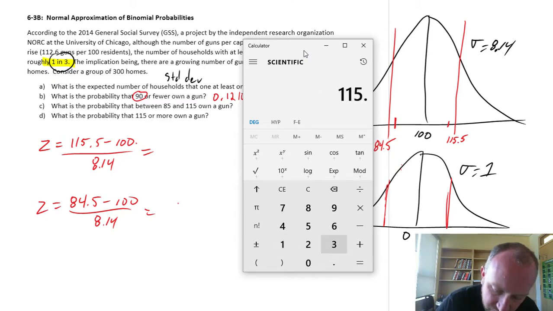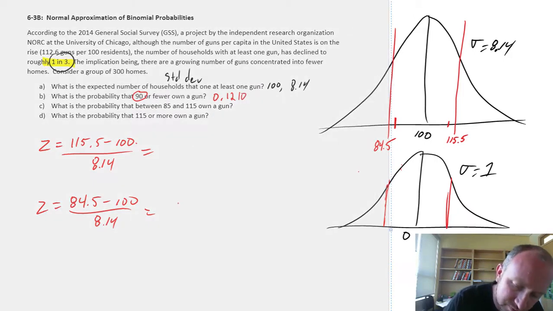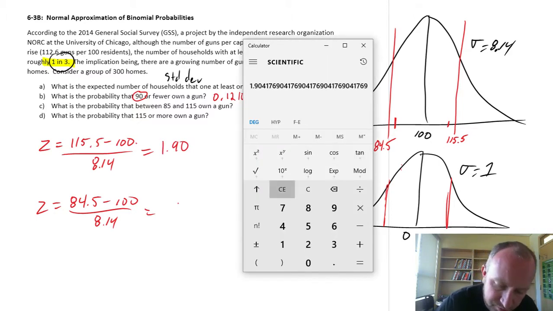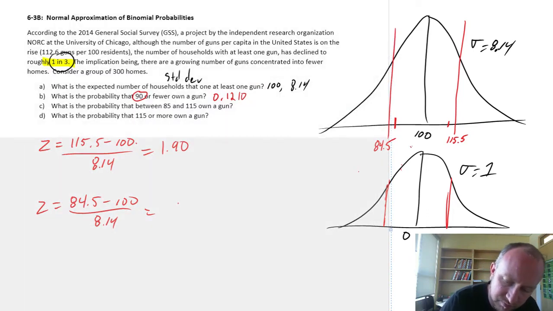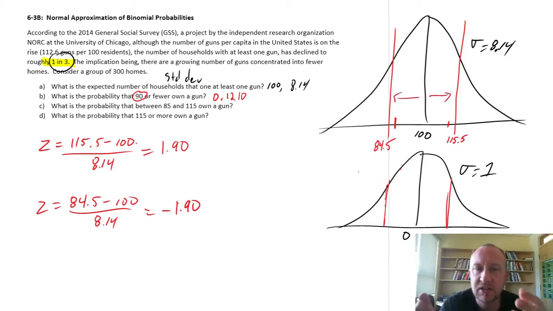So 115.5 minus 100 divided by 8.14 is 1.9. And the lower one, 84.5 minus 100 divided by 8.14, negative 1.9. These are both exactly 15.5 away from our average, so in absolute value we have exactly the same numbers.